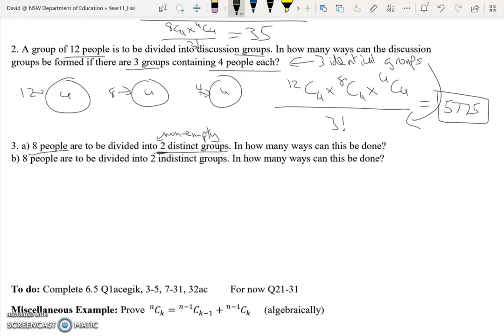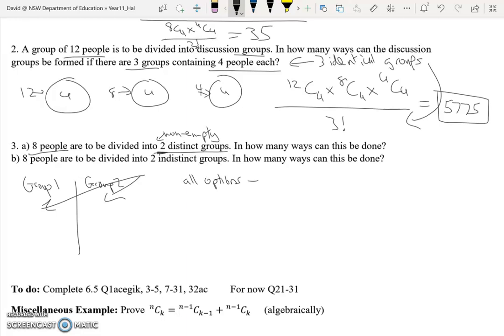So we've got 2 distinct groups. Imagine you've got group 1 and group 2. Each person can either go into group 1 or group 2. So the first person's got 2 options, second person's got 2 options, etc. So it's going to be all options minus the one way of putting everyone in group 1 and the one way of putting everyone in group 2.